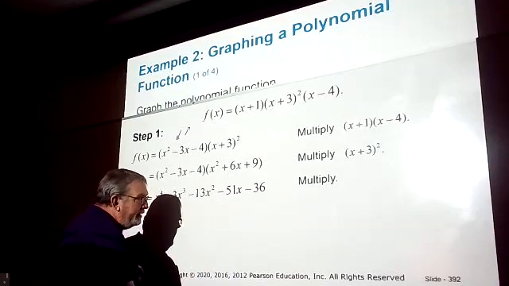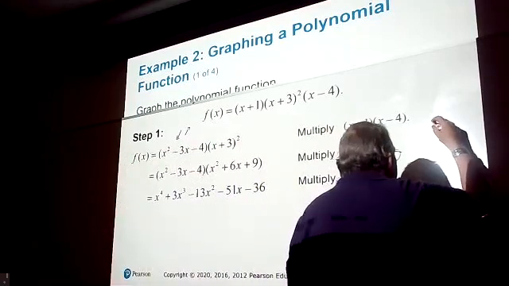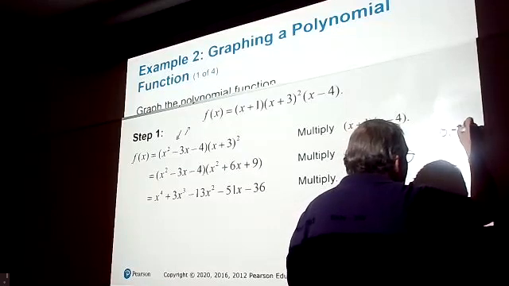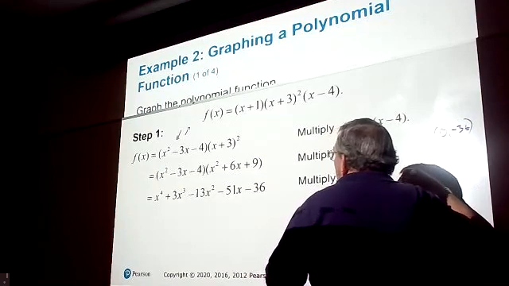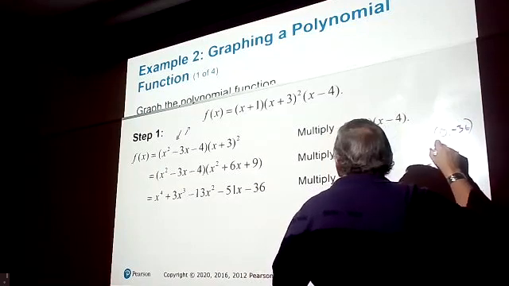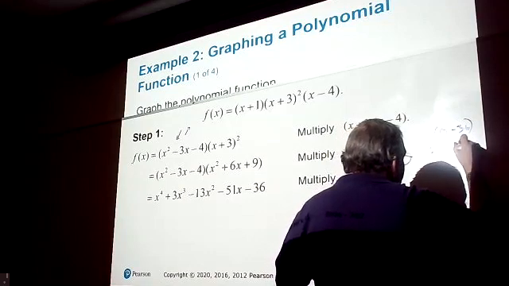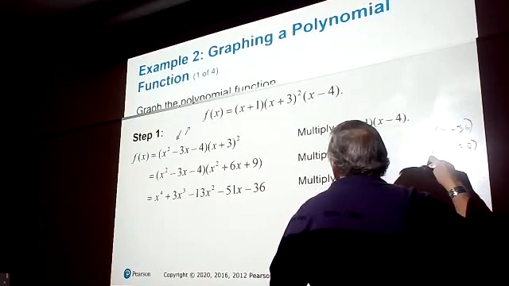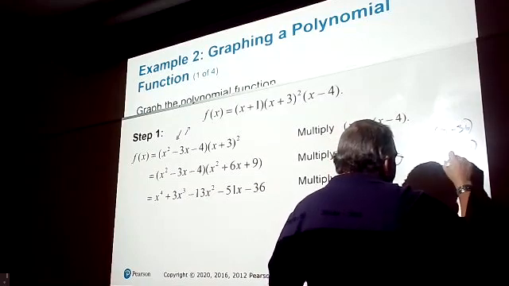All right, our y-intercept is negative 36, so we have the point 0, negative 36. And our x-intercepts are negative 1, 0, negative 3, 0, and 4, 0.